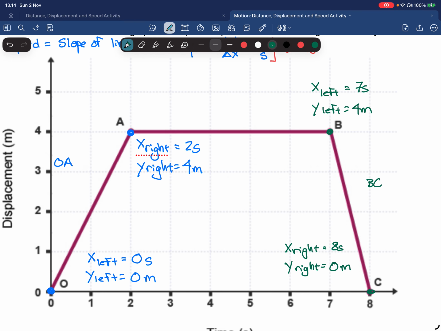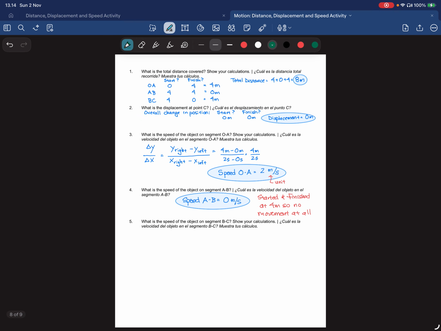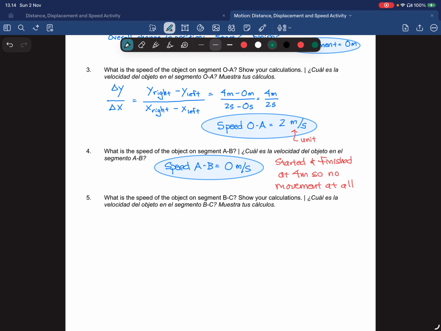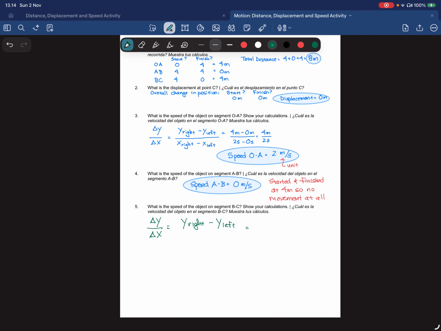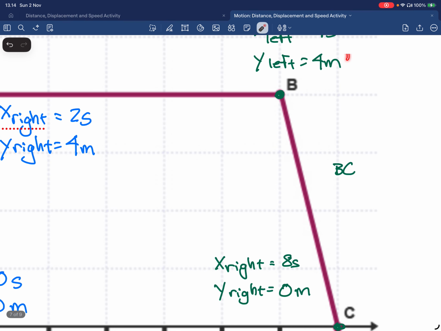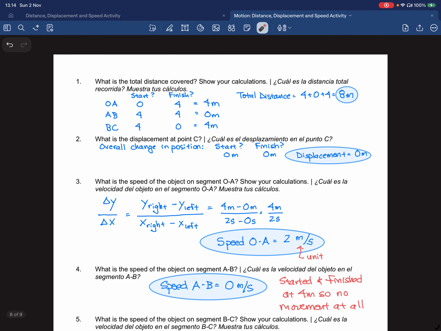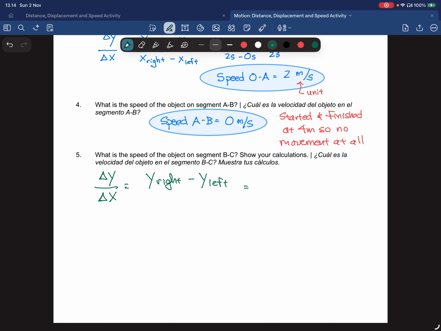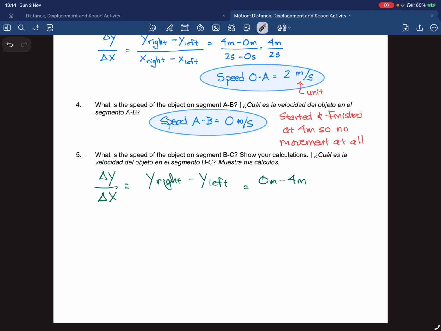So I'm going to do exactly the same thing that I did before. My speed is going to be delta Y divided by delta X. That's going to be Y right minus Y left, which is going to be Y right is 0, Y left 4 meters. So it's going to be 0 meters minus 4 meters. So that is going to turn us negative.